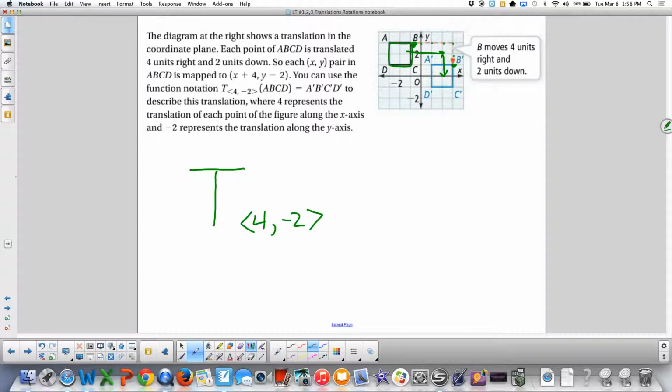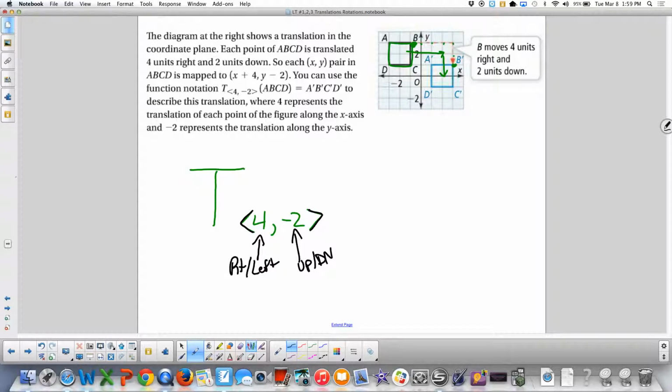Now what's interesting is we use these little things. They look like half arrows because it's acting like a vector. Our points have direction to them, and we're listing it so that this first number represents our right-left movement, and the second number represents our up-down movement, just like any ordered pair would.